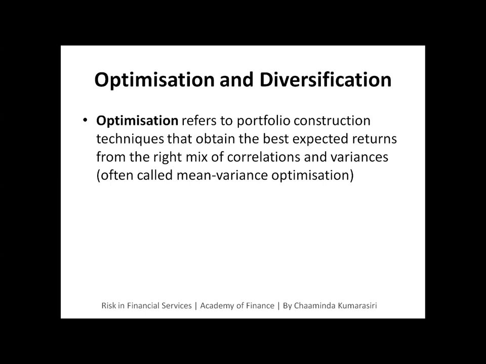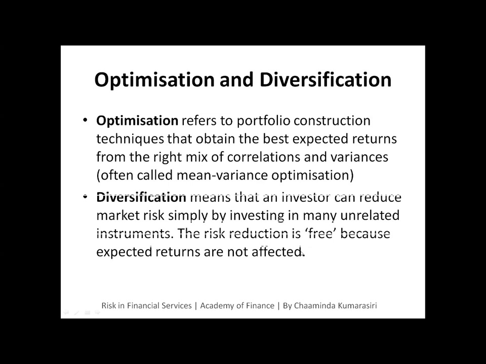That's where we identify the mean variance optimization, and that will give you the best option. We discussed that using the graph as well, the efficient frontier I showed you.